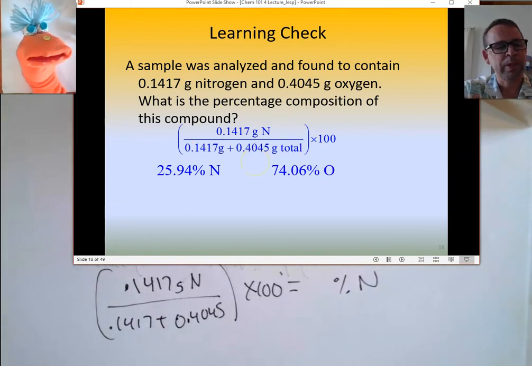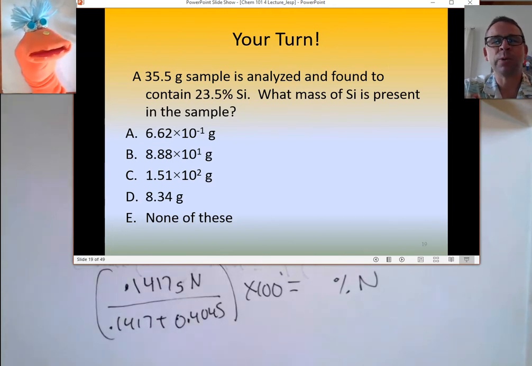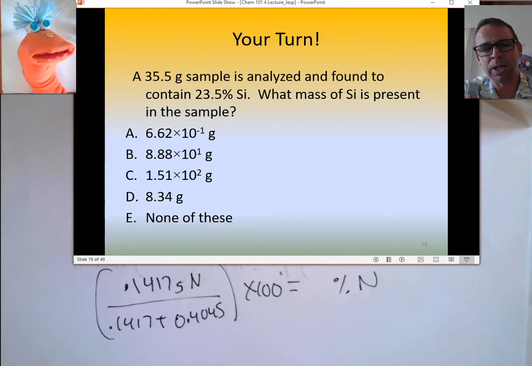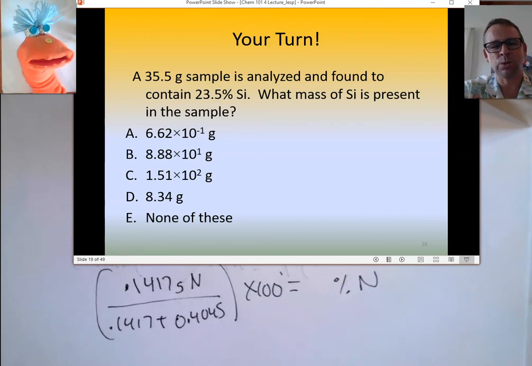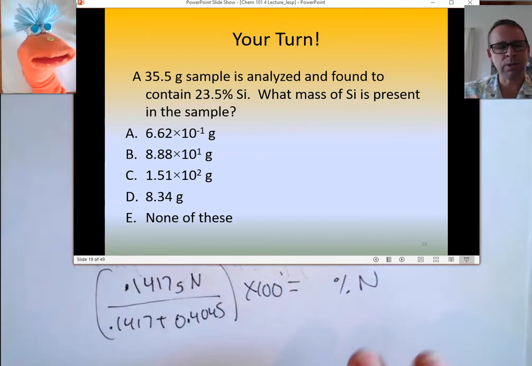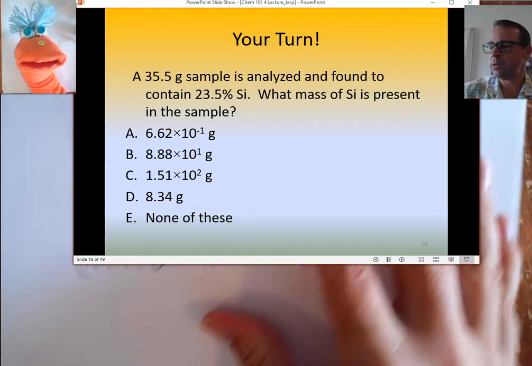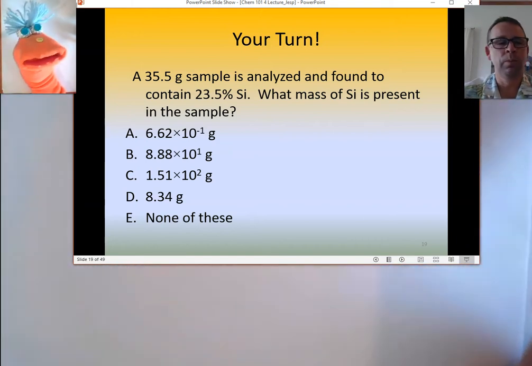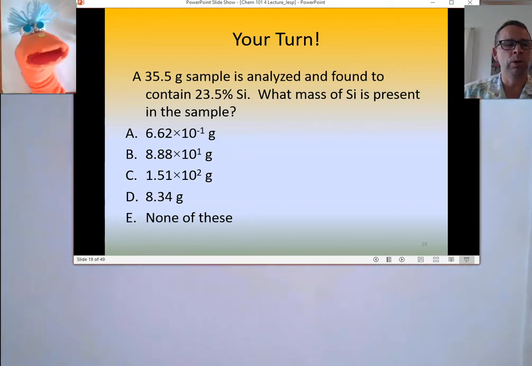Good. Now, what about if we're given information like this? A 35.5 gram sample and 23.5% of that is silicon. What mass of silicon is in the total sample? Any ideas on how you would approach this one, Fred? Well, if it was 100% silicon, then it would be 35.5.